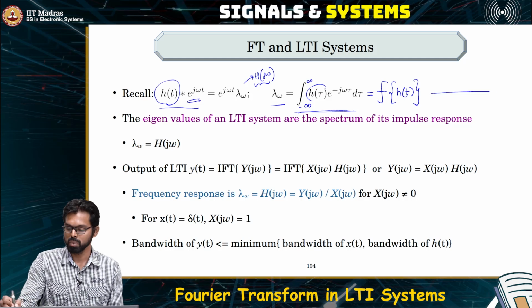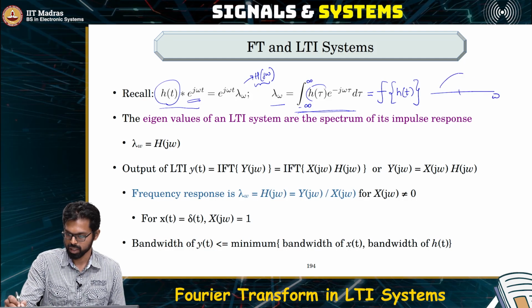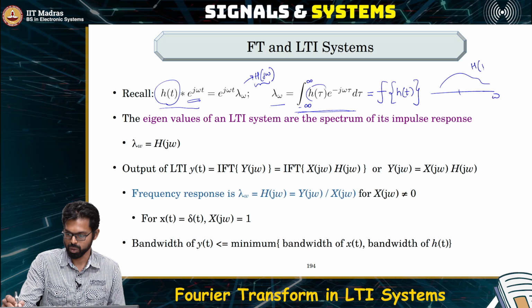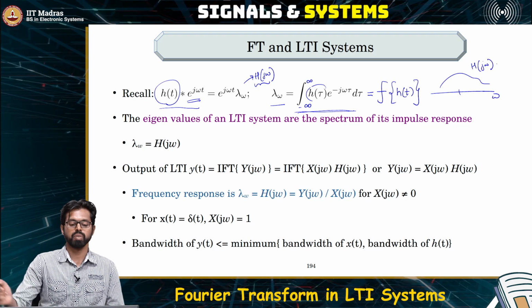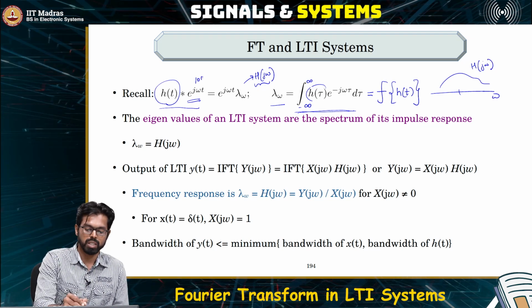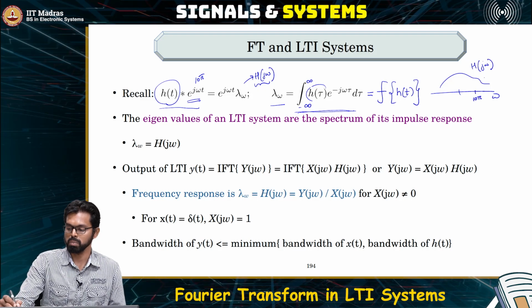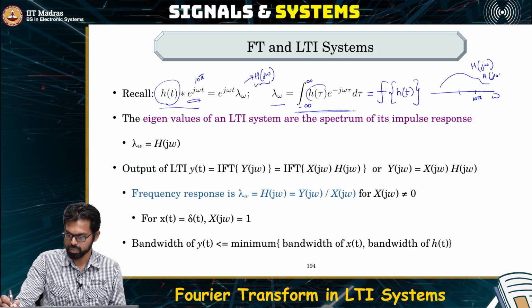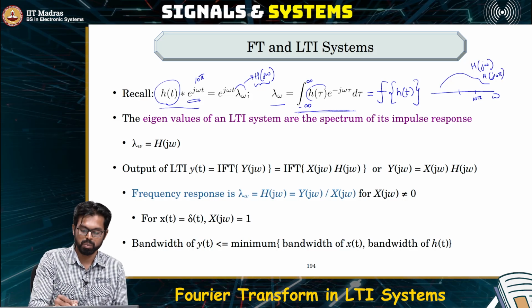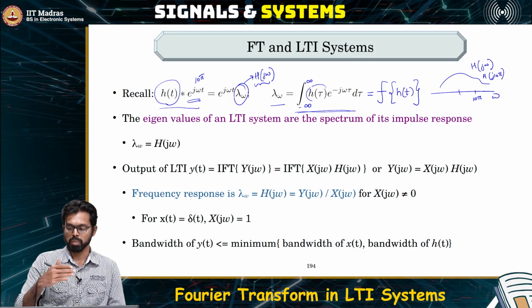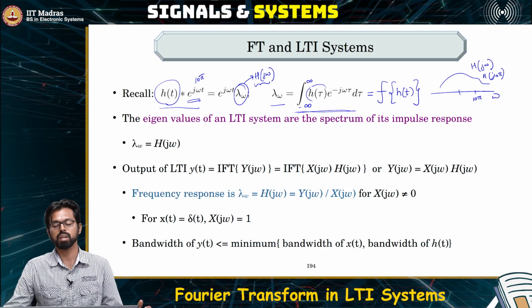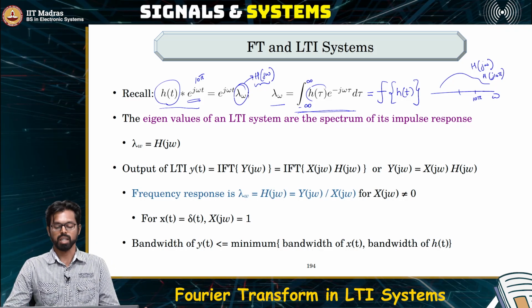So the spectrum looks something like this, right? So you have h of j omega like this. Now let us say I am feeding in a phasor of frequency 10 pi. Then I will pick the value of the spectrum at 10 pi, and that will be the eigenvalue here. So the spectrum gives us the set of all eigenvalues of the LTI system.